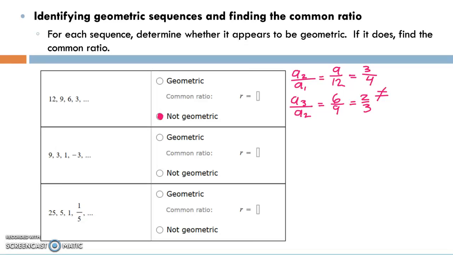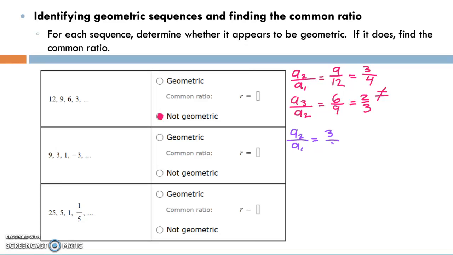For the next one, 9, 3, 1, -3, let's do the same thing. I take my second term, divide it by its predecessor, the first term, which is 9 divided by 3. Not 9 divided by 3. The second term is 3.